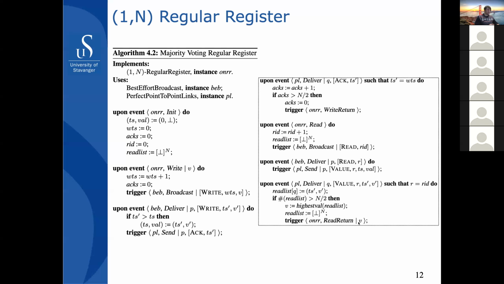And then in both cases, before we return, we set the acknowledgement to 0 and the read list also to the 0 value, or we remove all the processes from that set.